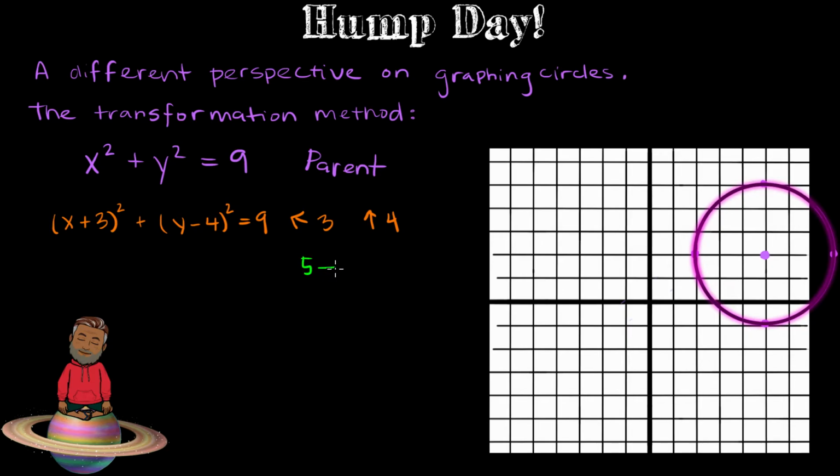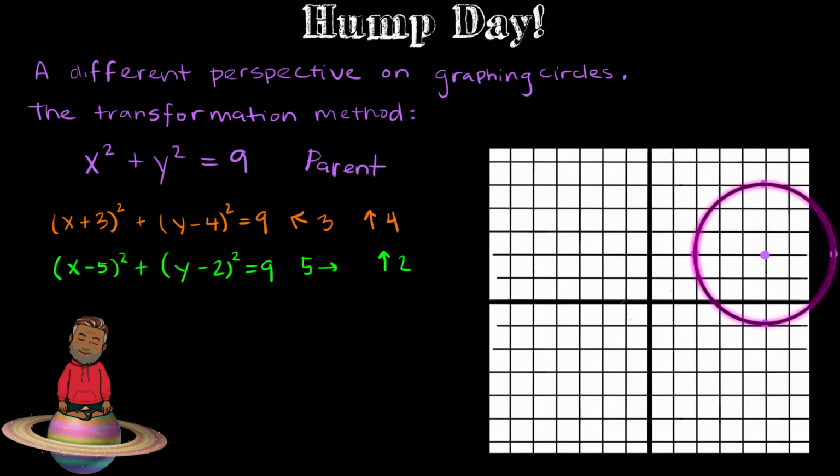So we're still going to use our parent graph, x squared plus y squared equals 9, because the radius hasn't changed, and it's going to be x minus 5 to the power of 2 plus y minus 2 to the power of 2 equals 9, the same exact radius. This is exactly how we're going to be looking at all our problems.